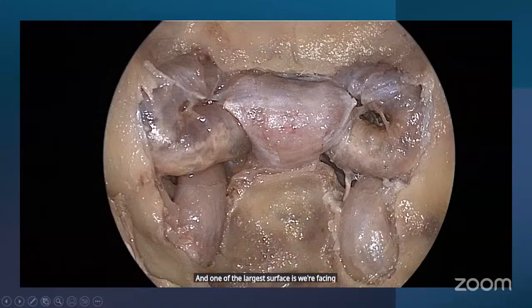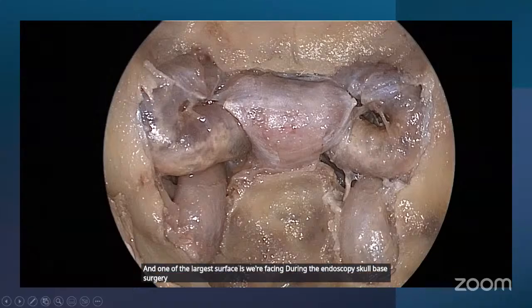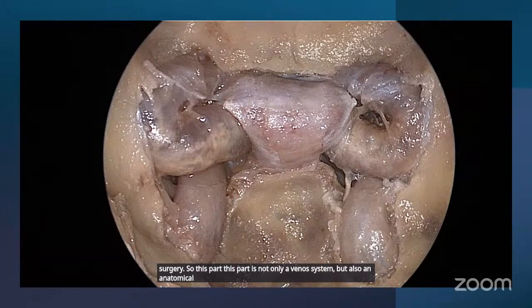During endoscopic skull-base surgery, this part is not only a venous system, but also an anatomical landmark, which includes the sixth nerve from the bottom and the third, fourth, and fifth, sixth nerve from the lateral sides.